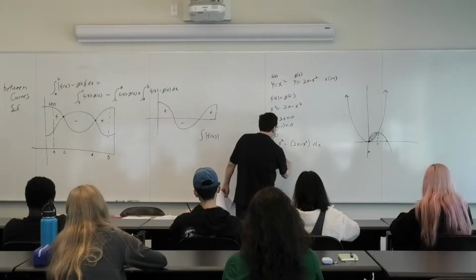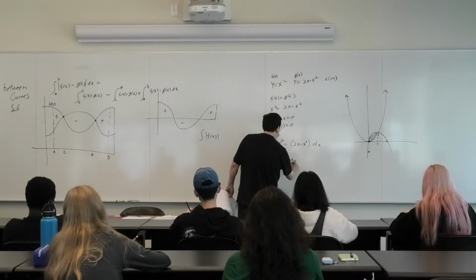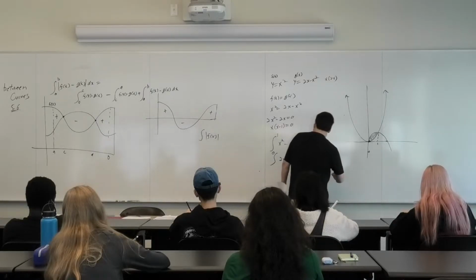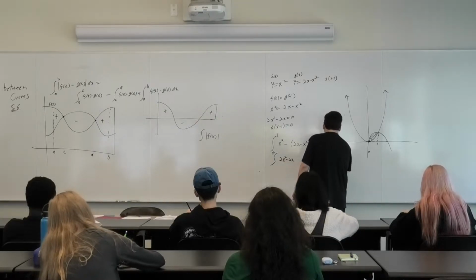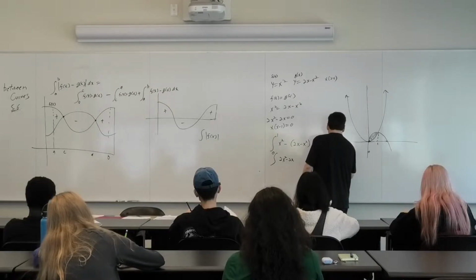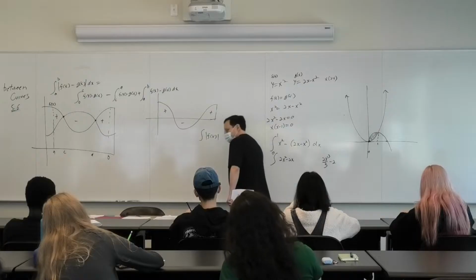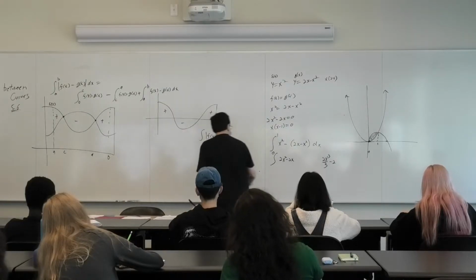We have 2x squared again is 2x, so the antiderivative is x cubed over 2, x cubed over 3 minus x squared.